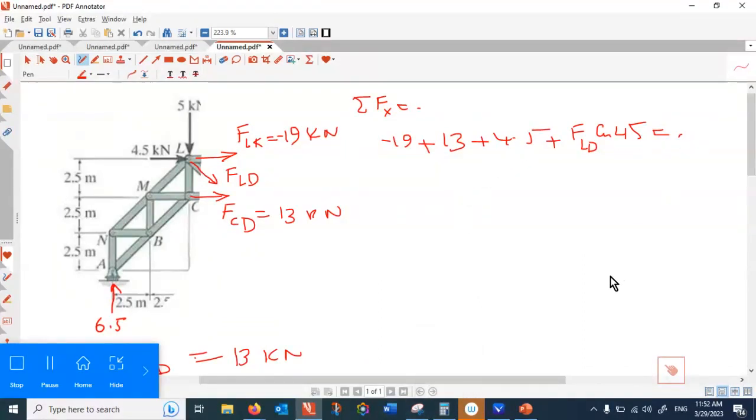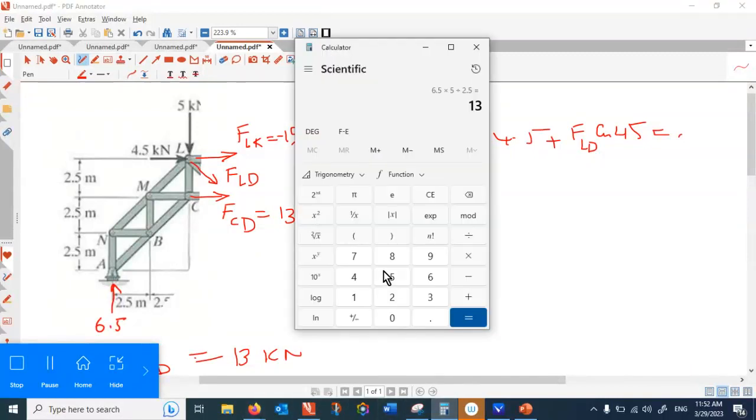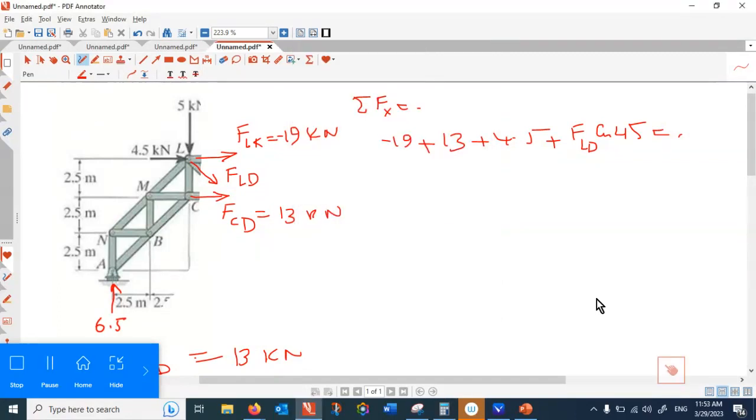So take it to the other side. 1.5 divided by cos 45. That is 2.12. Is that what you got? Yeah, 2.12. And that is tensile.